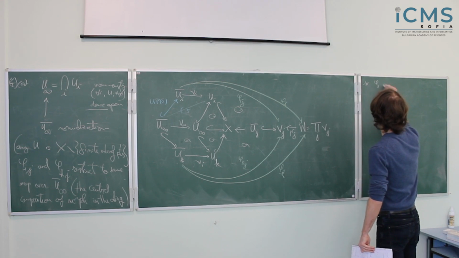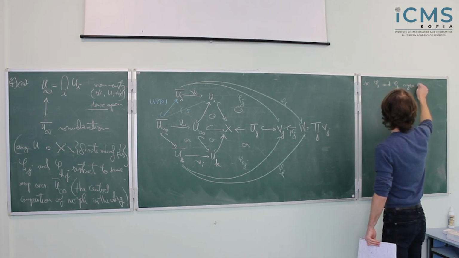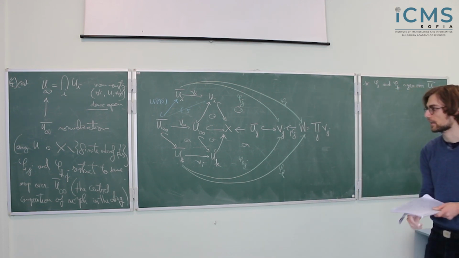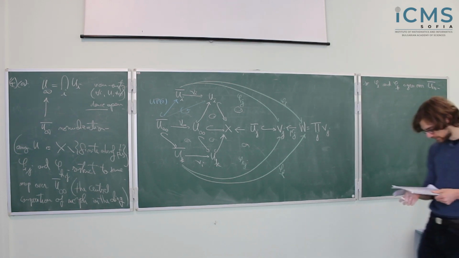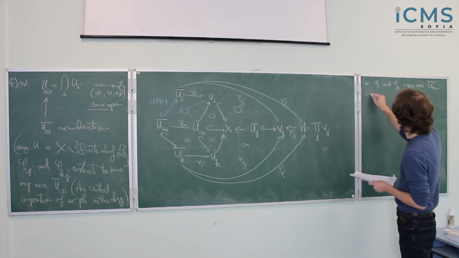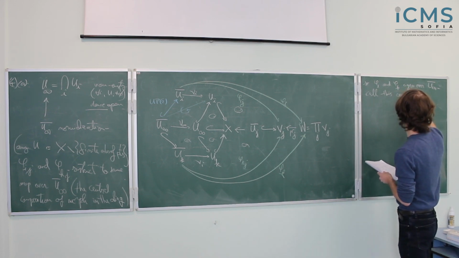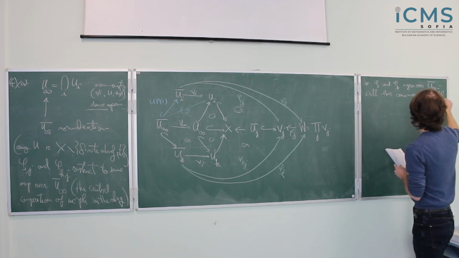So phi I and phi k agree over U infinity bar. So at least we have one identity. And call this common restriction phi. Okay.